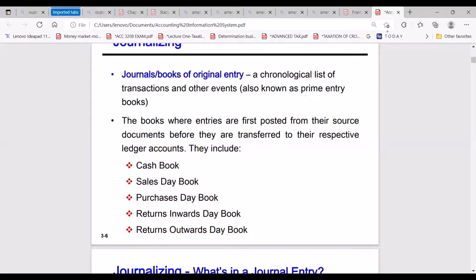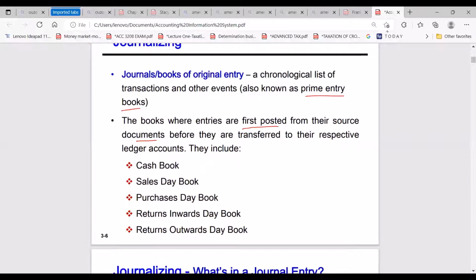Sometimes these journals are known as prime entry books. These are where the entries are first posted from the source documents. From the source documents, the first place the entries are made is in the books of original entry.